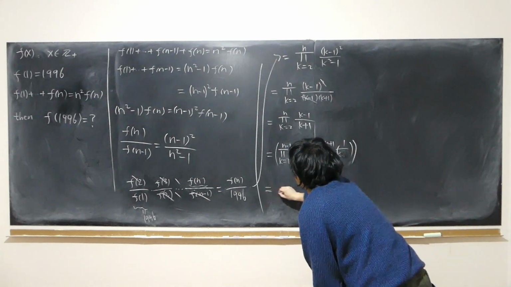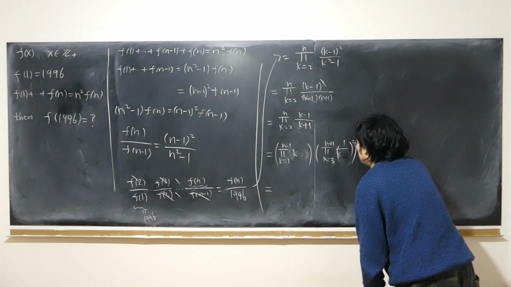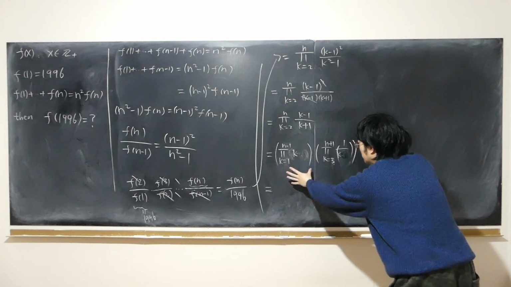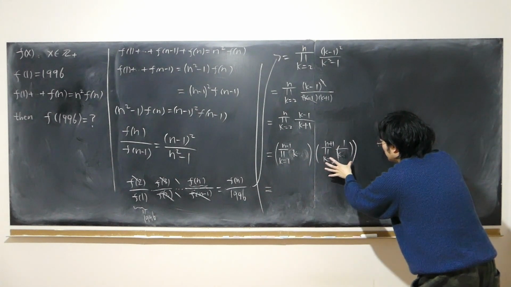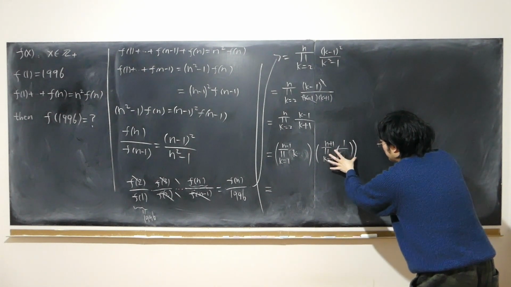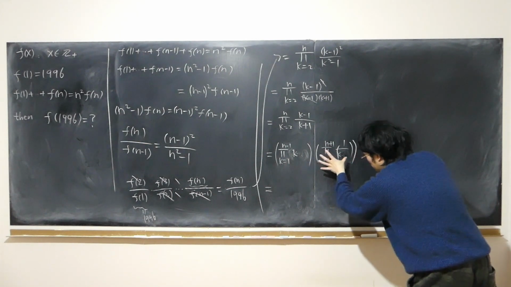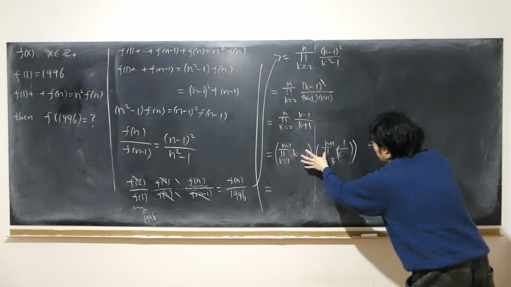Now first I'm going to isolate the first and second terms of the first product, and isolate the last 2 terms of the second product. The remaining terms are all equal to each other, so they can all cancel out.